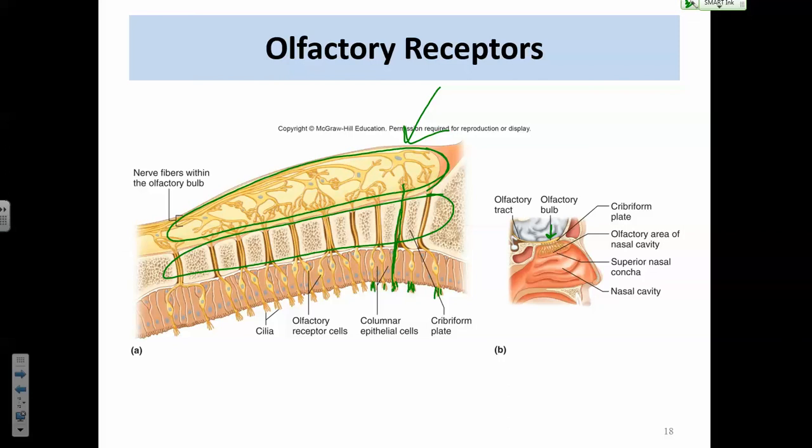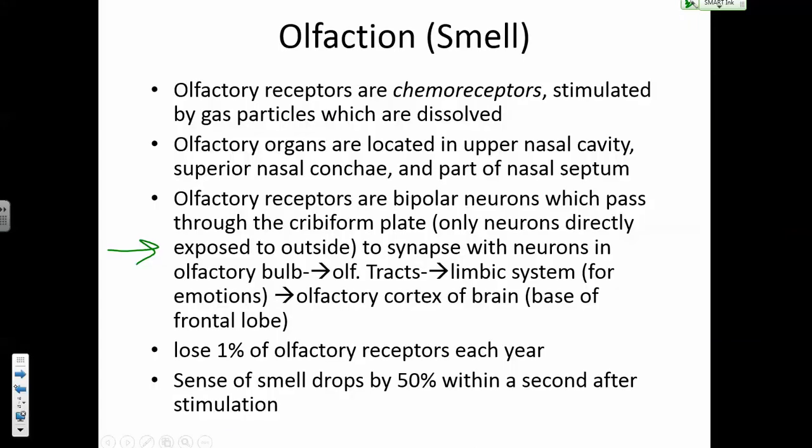And the end of the cell membranes there have molecules on them that gaseous particles are attracted to. And so if enough bind, then that's going to trigger an action potential on this bipolar neuron, which goes up through the cribriform plate into the olfactory bulb, which then goes along the olfactory nerve to the smell centers of your brain. So on this slide right here, you can see that pathway.